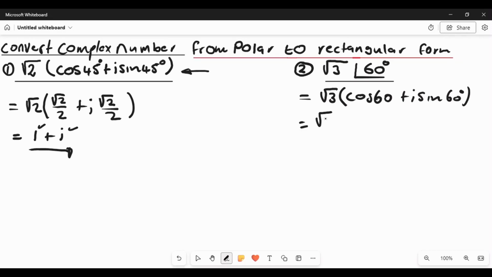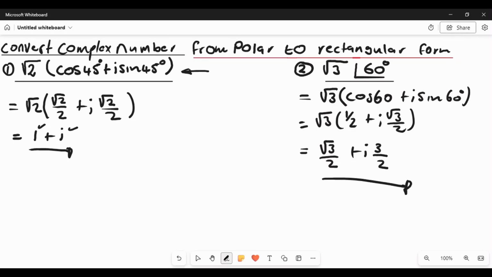Obviously, you have root 3, and then you put cos 60 on your calculator. Cos 60 is 1 over 2, which is half, plus imaginary number. Then you put sine 60 on your calculator, which gives you root 3 over 2. Then all you have to do is multiply by this root 3 outside, and you're going to have root 3 over 2 plus imaginary number, and then 3 over 2.